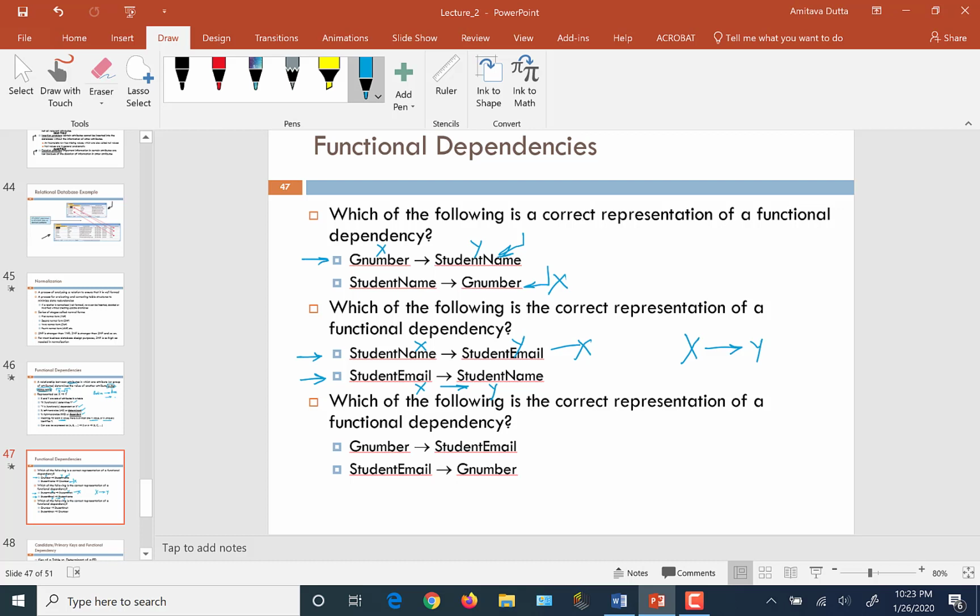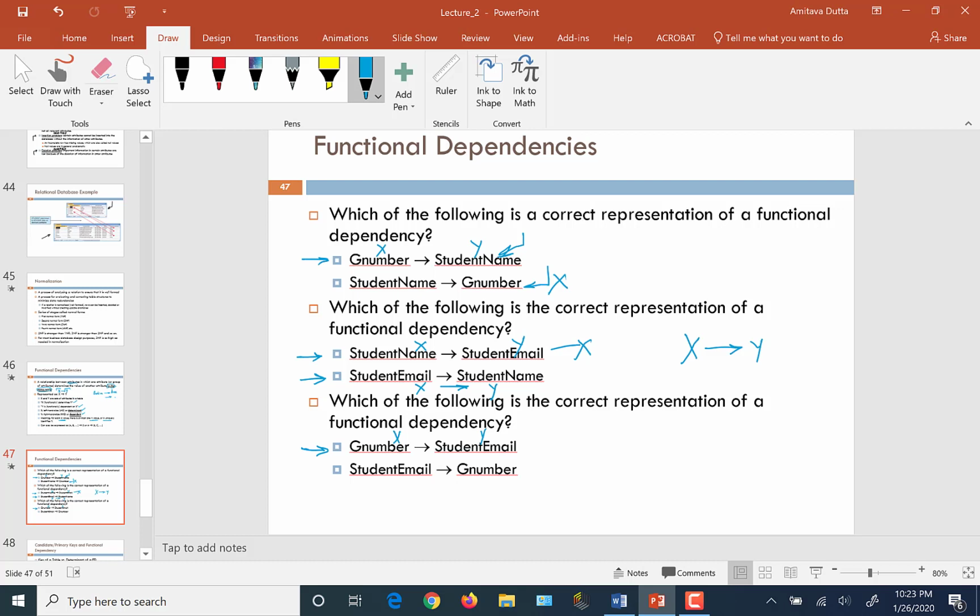Okay, so let's look at a last example over here. If I know the G number of a student, do I know the student email uniquely? If this is X, do I know Y uniquely? And I would argue, no, I don't. It depends what you mean by student email.